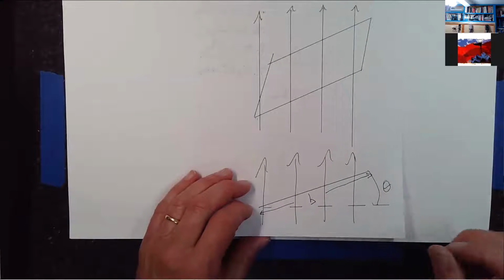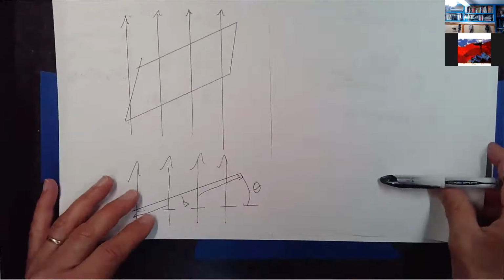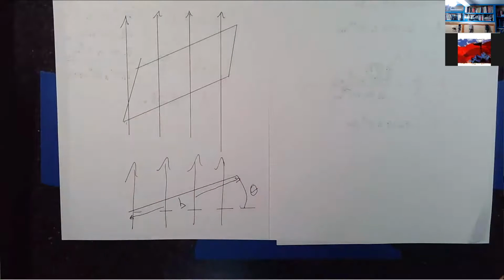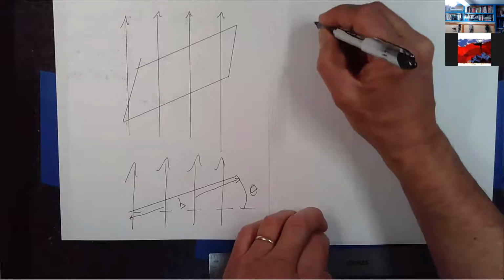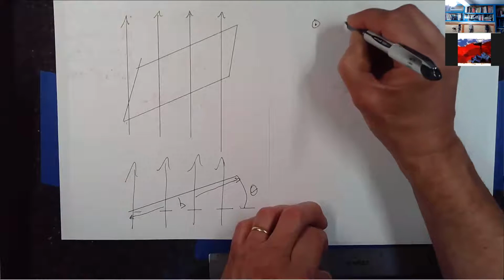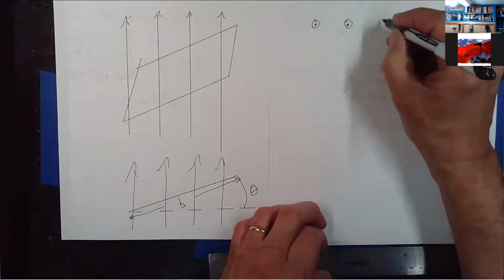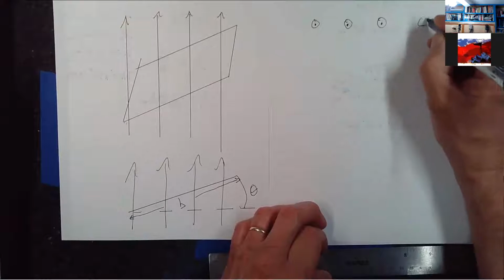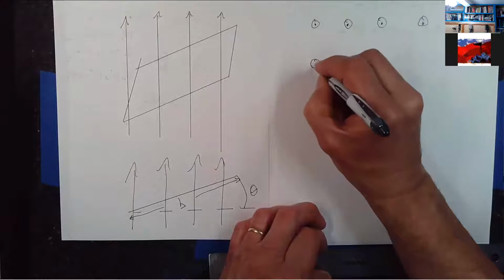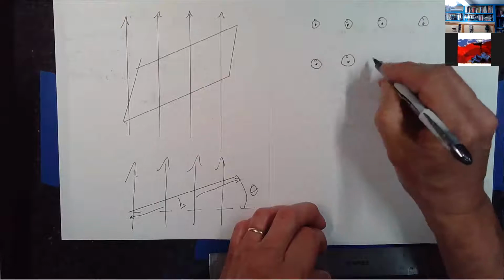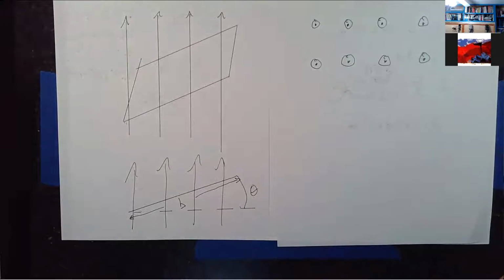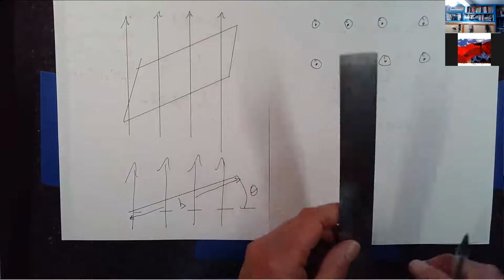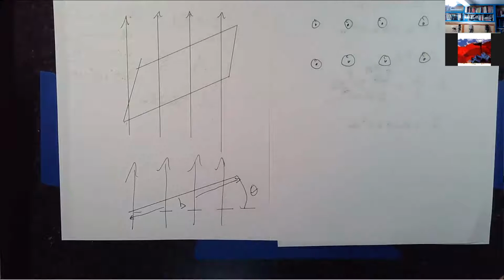And then another orientation that we might take is to look down on the current loop, so that the magnetic field will appear to be coming straight at you. And with that orientation, that b isn't going to look like b anymore. It'll look more like b cosine theta.